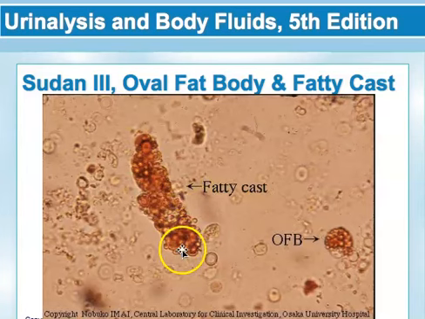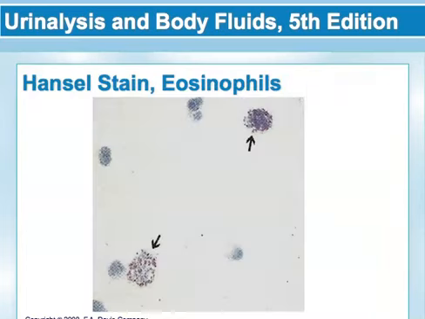This is helpful because you see a lot of red cells in the background here, so you might be inclined to think that this is a red cell cast, and there may be some red cells in there as well, but the stain is what helps you identify it as a fatty cast. And here's eosinophils stained with Hansel stain.